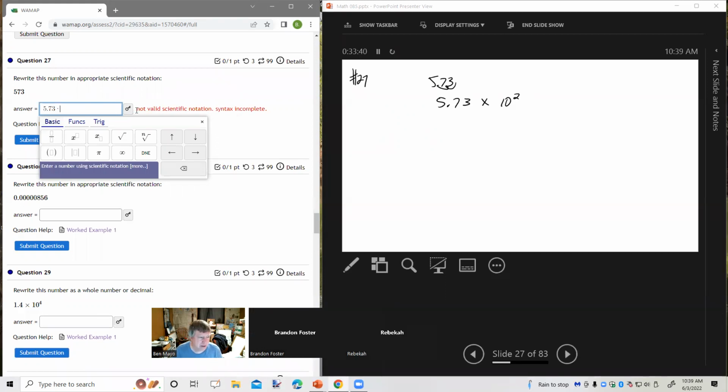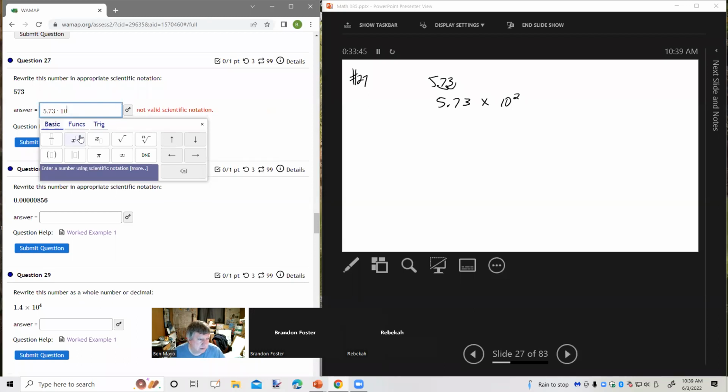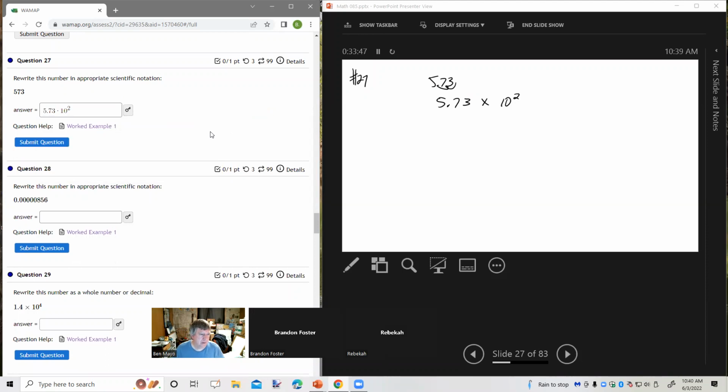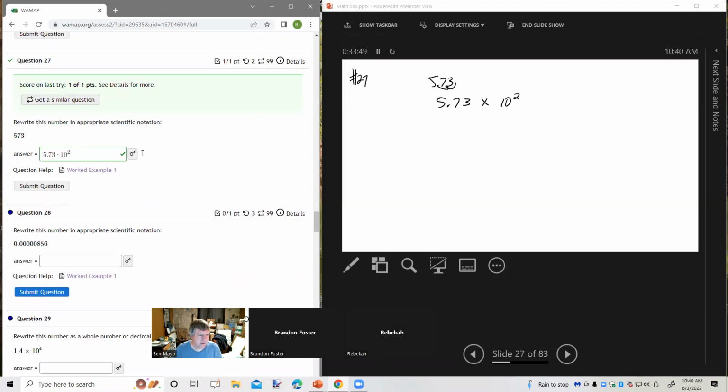We'll see. Well, because I'm not done yet. And then 10 squared. So let's see if it likes that. Let's see how they did it here. Yeah. And again, how you would get that multiplication symbol, I'm using the asterisk key. Okay.